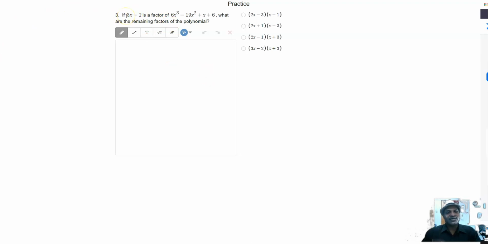First, I was going to do it with regular division. There's a reason why we can't do synthetic division on it directly, because of that 3. When we do synthetic division, you have to have x minus something. Here I've got a 3x. So if we're going to do synthetic division on this, you have to divide everything by 3.